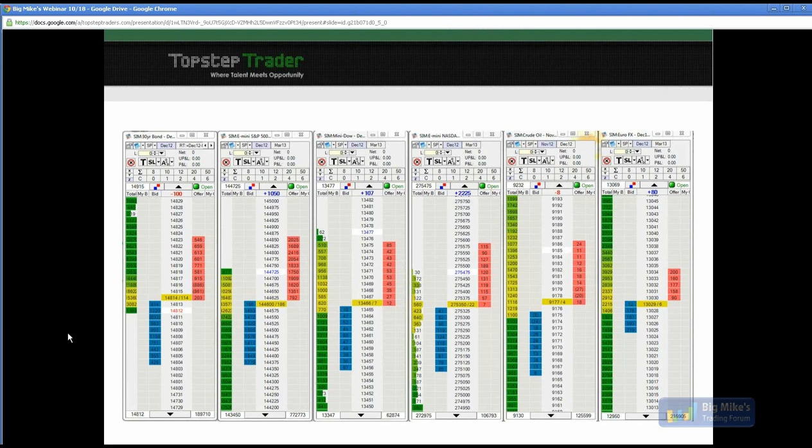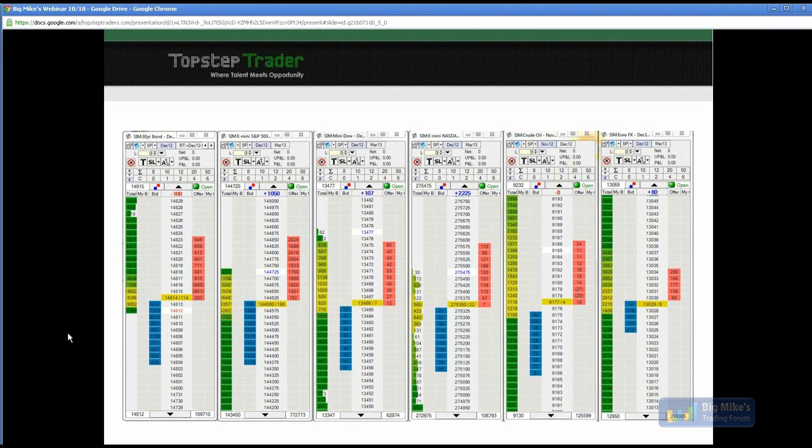On a personal note, I've had my doubts about the ability to read tape, and if there's that much validity to reading the time and sales, reading what's going on right in the ladder or the dome.